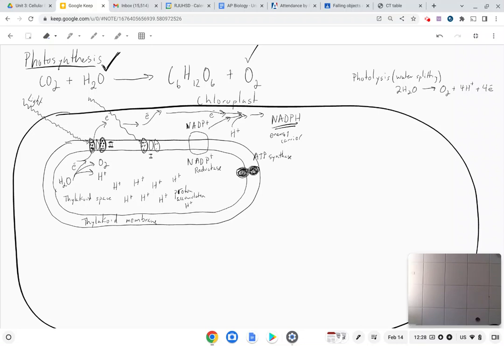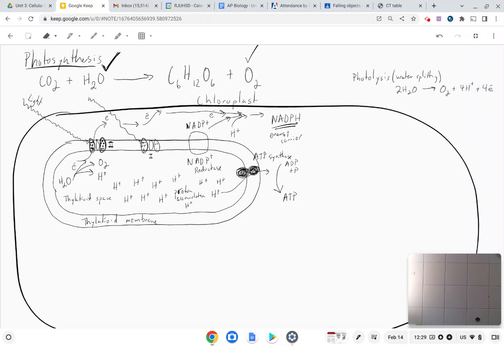So the ATP synthase is also going to let out the protons, right? The protons are going to flow through, and ADP plus a phosphate will become ATP. So there's going to be a production of ATP as well.